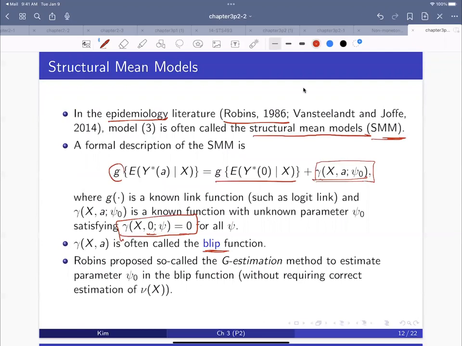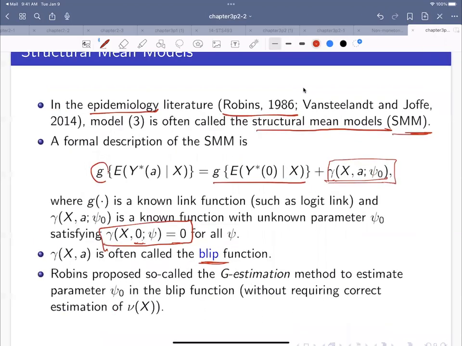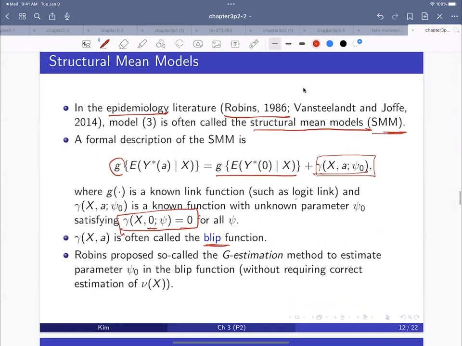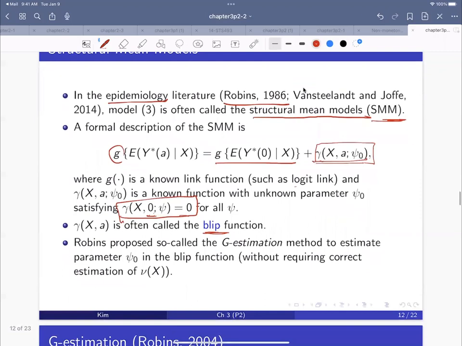So if Y is binary, right, then we may want to use a logit link function to make it more continuous. So James Robins proposed the so-called G-estimation method to estimate a parameter psi 0 in the blip function without requiring correct estimation.